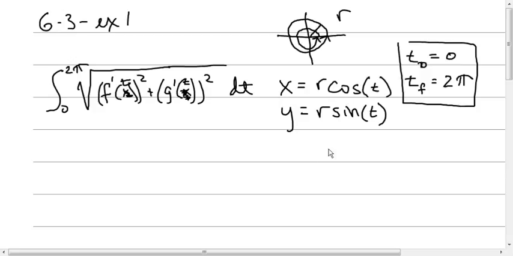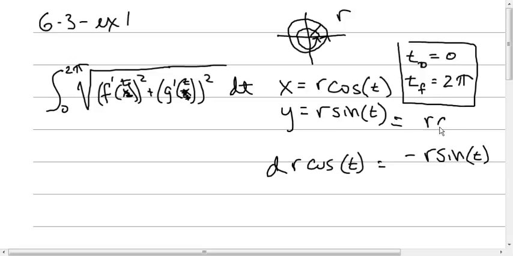And now we need to figure out what our derivatives are here. So the derivative of r cosine t is equal to minus r sine t. The derivative of this is equal to r cosine t.